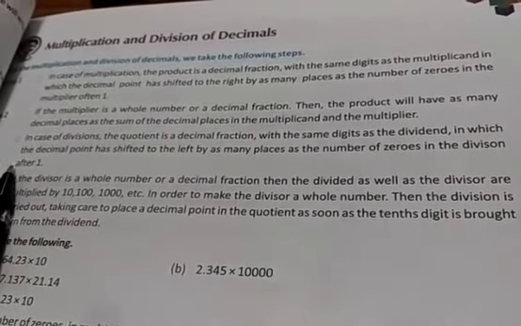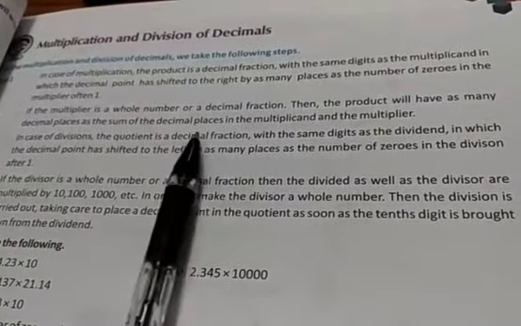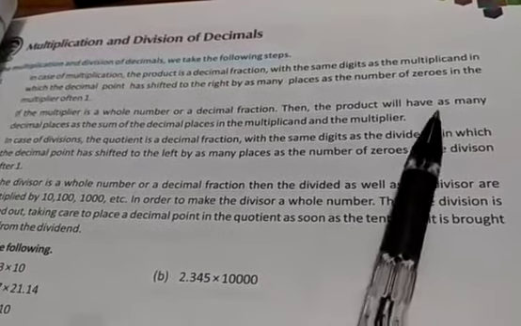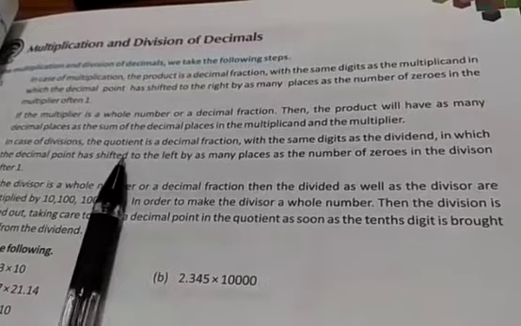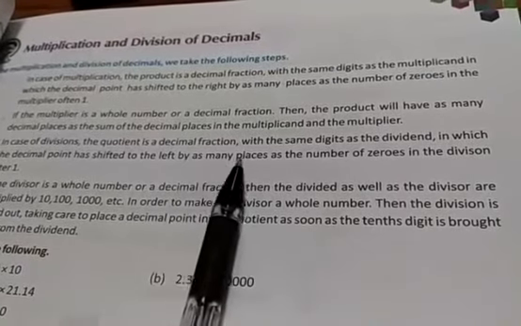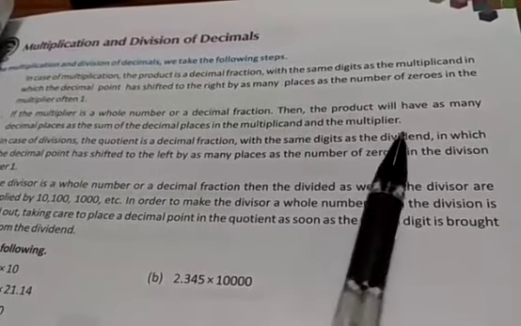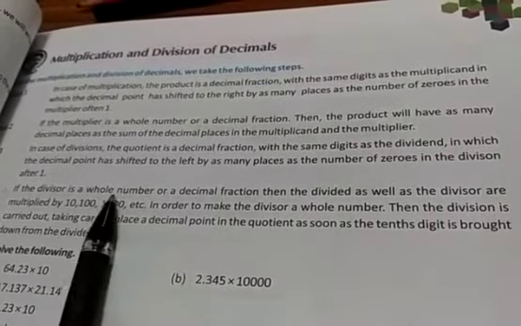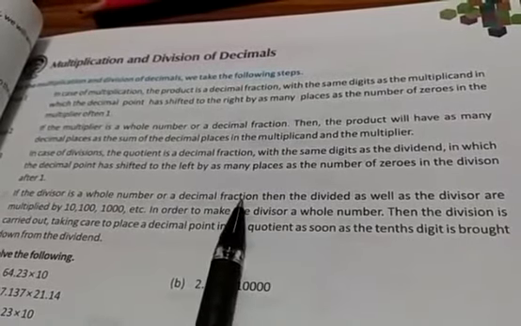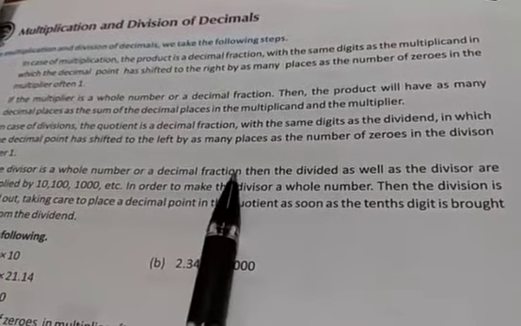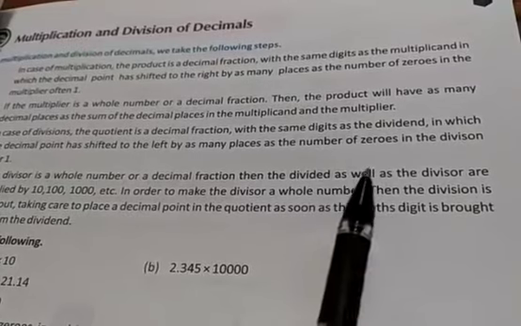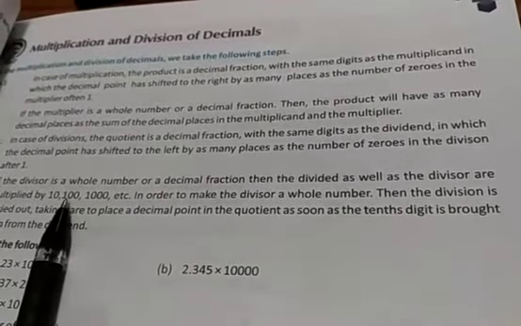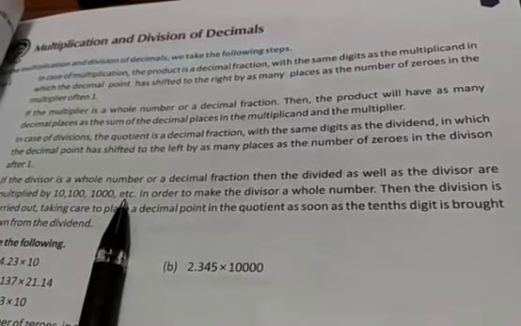Now in case of division, the quotient is a decimal fraction with the same digits as the dividend, in which the decimal point has shifted to the left by as many places as the number of zeros in the divisor after 1. If the divisor is a decimal fraction, then the dividend as well as the divisor are multiplied by 10, 100, 1000, etc.